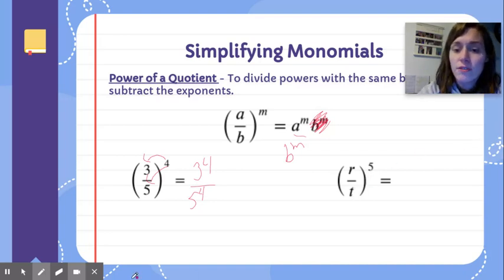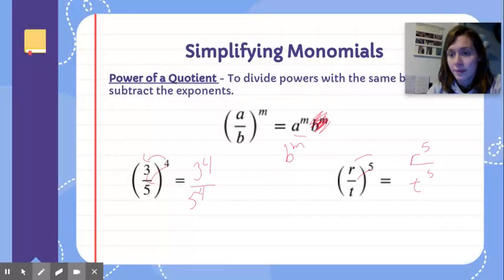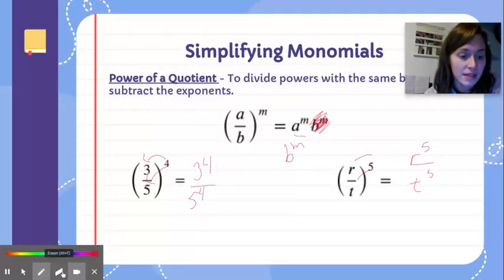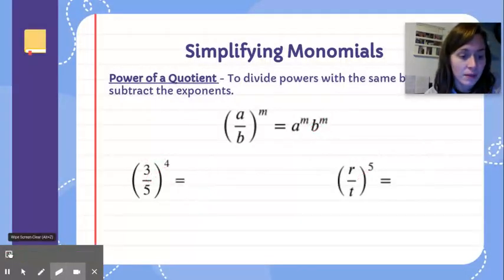So distribute the 5 to r and t. So r to the 5th over t to the 5th. And now we've simplified. Okay, so we're just distributing the exponent to everything inside the parentheses, just like we did when we were doing power of products last time.